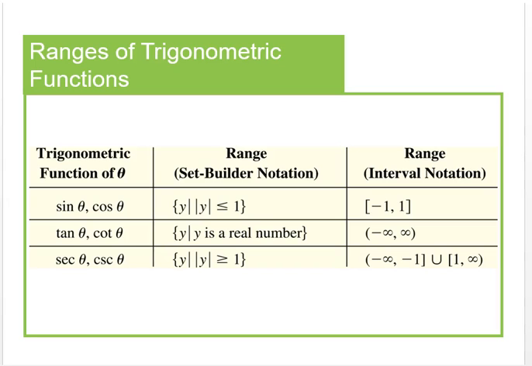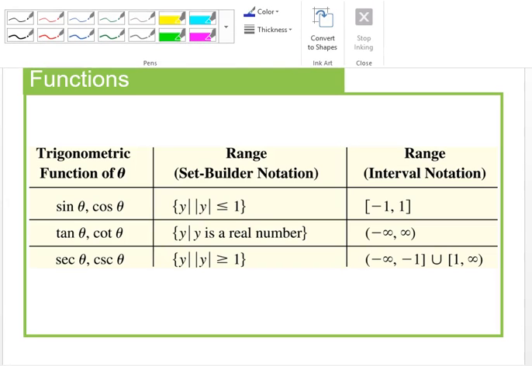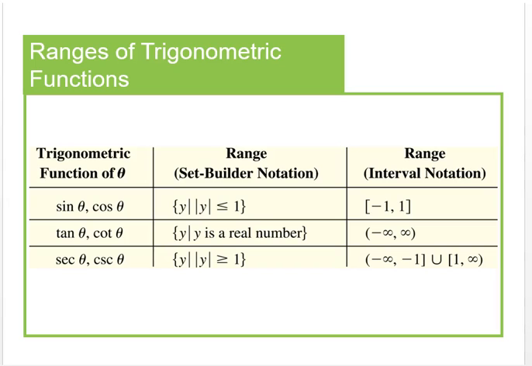Now, understanding the ranges of trigonometric functions is going to apply to this next example that we're about to do. To apply that, what I'm going to do is show you where we come up with the range for each of these trig functions.